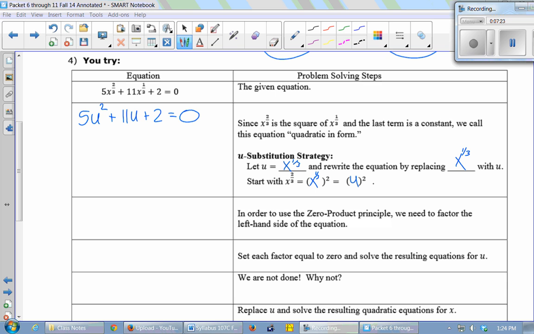So if you spend more than a minute, maybe you just give up and go to the quadratic formula. Right. So that would be u equals negative 11 plus or minus the square root of 11 squared, which is 121, minus 4 times 5 times 2, all over 2 times 5. This is negative b plus or minus the square root of b squared minus 4 times a times c, all over 2a.